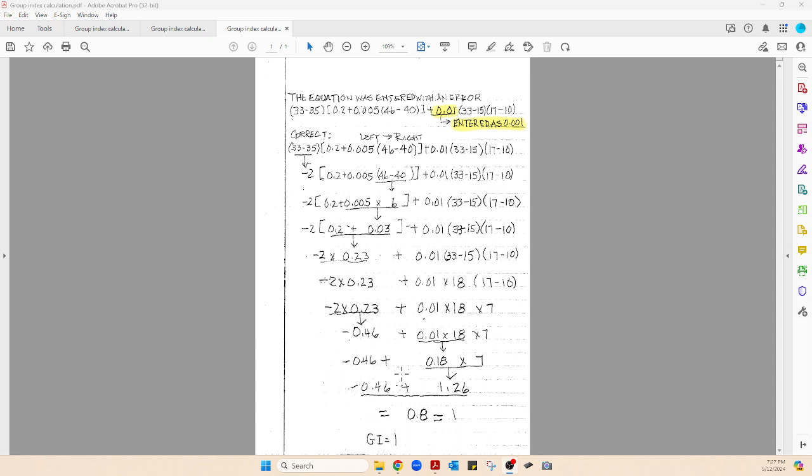So if you take 1.26 minus 0.46 equals, so we come down to 0.8, and our group index is 0.1.